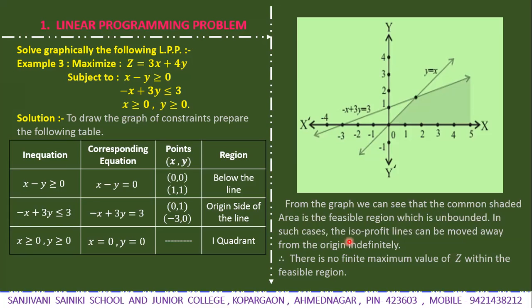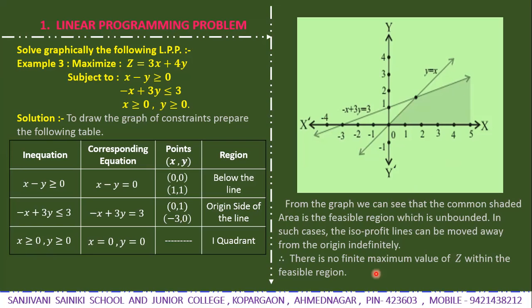In such a case, the isoprofit lines can be moved away from the origin indefinitely. I told you that there is another method, the isoprofit method for maximization and the isocost method for minimization. So here that line will go away from the origin indefinitely.